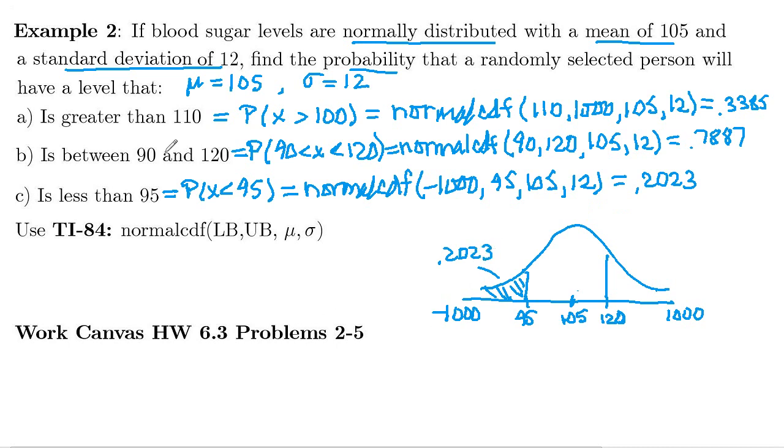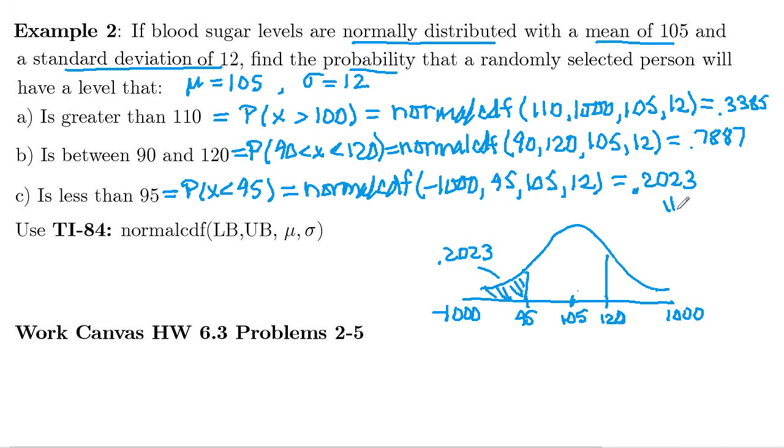So we did an above, a greater than, we did a between, and we did a less than or lower than. Now, one thing I'll note here with normal CDF and with areas underneath the normal distribution, it doesn't matter whether you've got less than or less than or equal, those probabilities are the same.